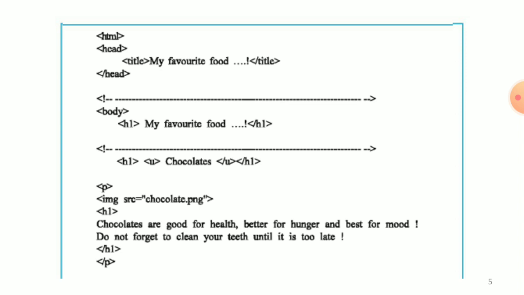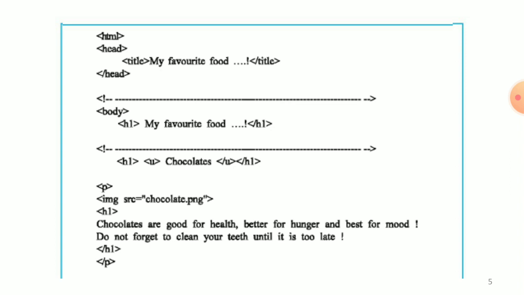That is an example of how to use a image in HTML. First is a HTML head, title and slash title, slash head over, and then comments. Next, body, h1, my favorite food, and slash h1.